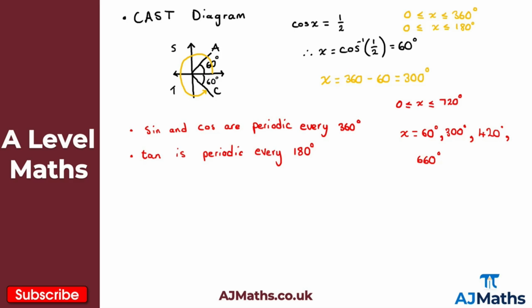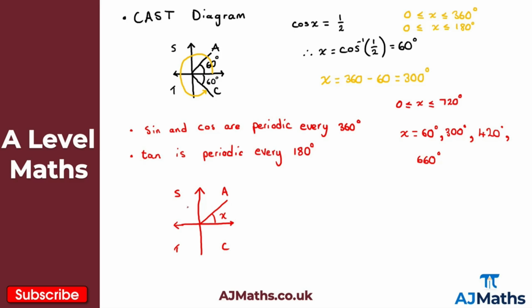And then finally, if I just go back to the CAST diagram here, just to help illustrate this idea. So I just draw my quadrants again here. I've got C, A, S, and T. So, like we said, our first solution here in this quadrant is our principal solution, which we note here as x.